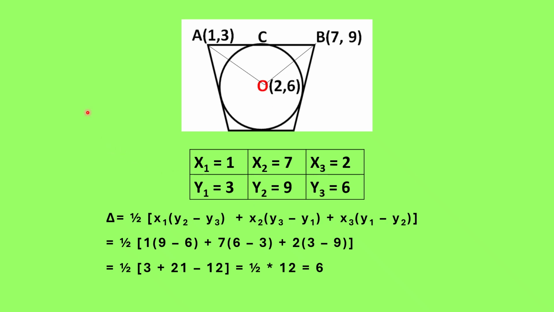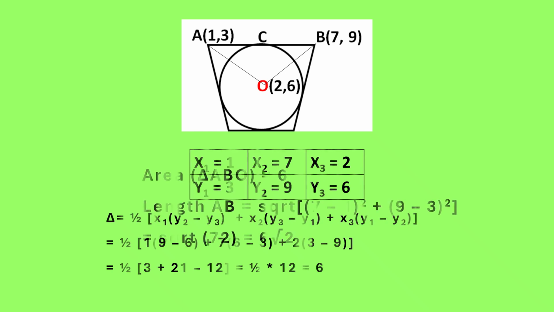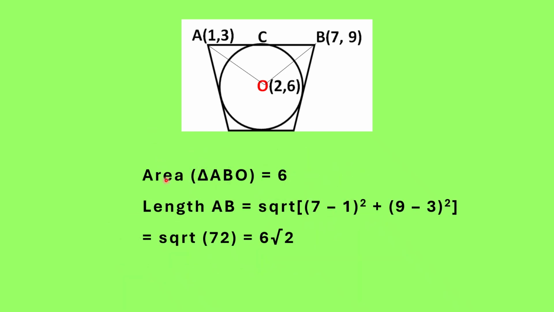Now let us see how to proceed further. So we got the area of the triangle as 6 square units. Now let us calculate the length AB, which is the square root of x1 minus x2 whole square plus y1 minus y2 whole square.